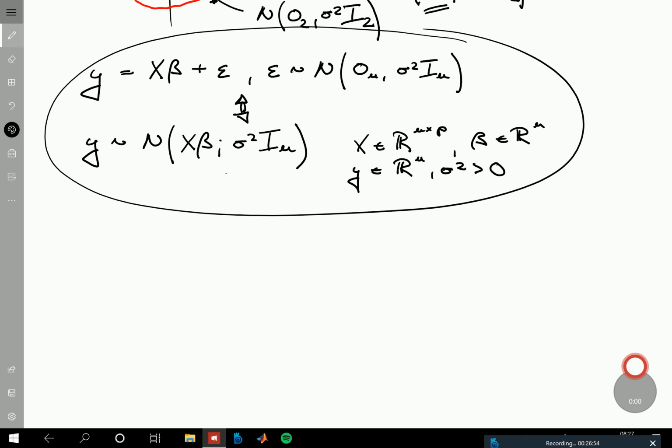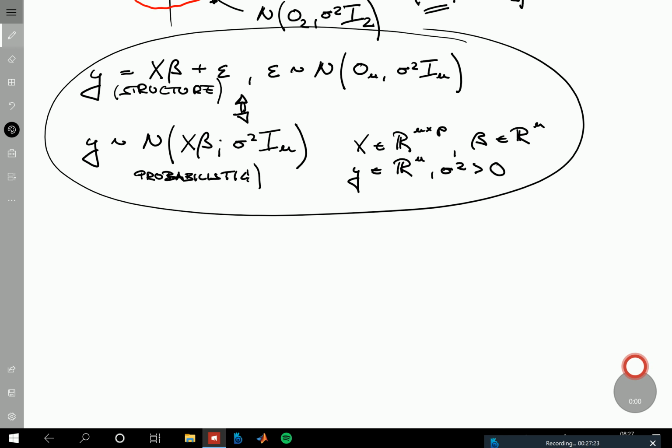I call it that because you see the structure of the model a little bit more, you see that there's this random error added to the deterministic prediction, and I call the other one the probabilistic model form, or probabilistic form.